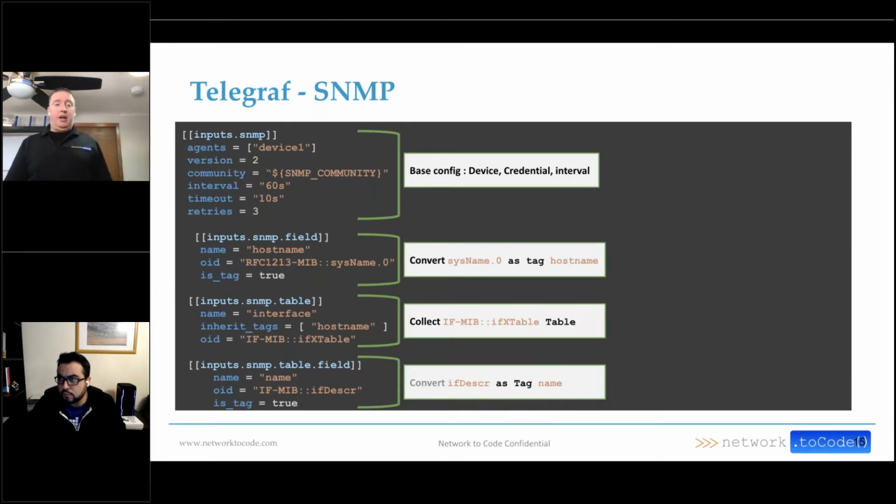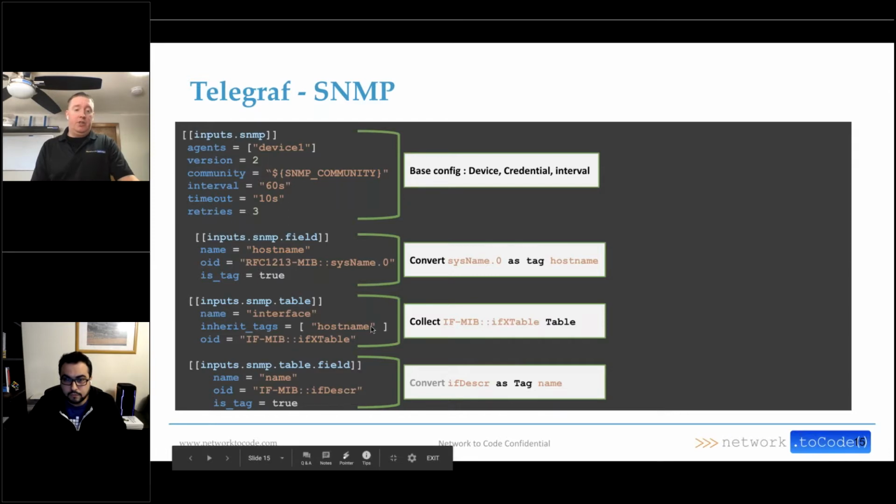So digging down a little bit further, and with SNMP, you do have to dig in. We have the first field where we say we want to get the system name, so that way we can use a tag coming up of host name. And then the next thing we want to get is all the interface statistics from the extended counter. So we pull for the IFX table, and there we inherit tags of host name in the middle.